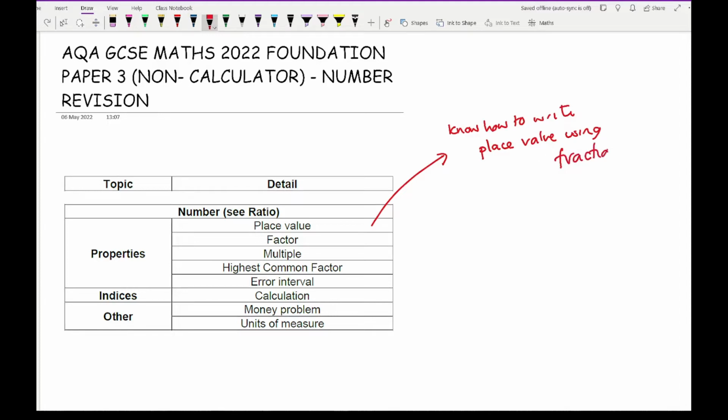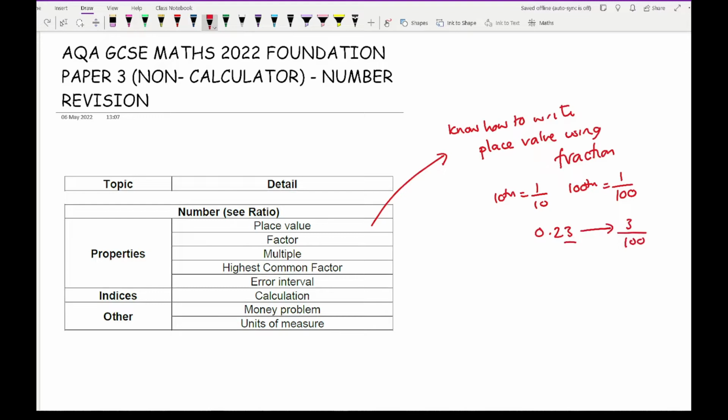So for example, a tenth is 1 over 10. So 4 tenths, or 0.4, would be represented as 4 over 10. Hundredths would therefore just be 1 over 100. So if I had 0.23 and I had to represent the 3 as a fraction, then it would be 3 hundredths. So the answer there would be 3 over 100.